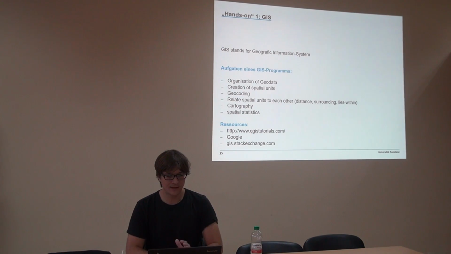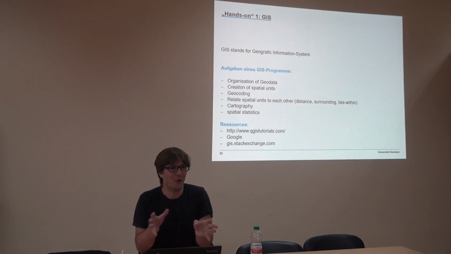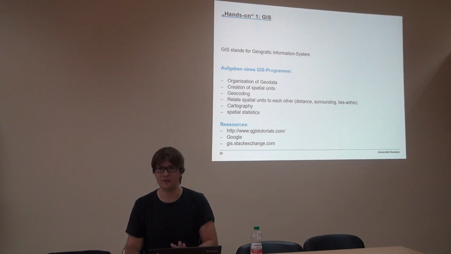Within the GIS, you can also do some cartography, so you can draw maps and export them, or print them, or whatever you like, and you have more degrees of freedom than you have in Stata or in R, so you can do a lot of things.